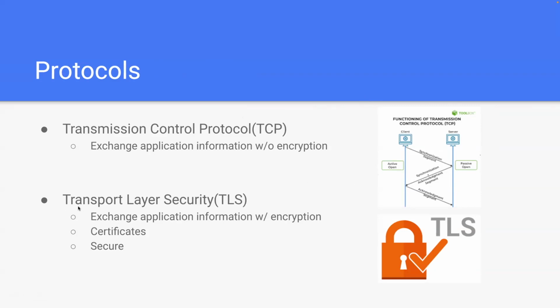And then with TLS, we exchange application information with encryption. And we use certificates to make sure that the parties on both ends are secure. And the benefit of using TLS is that our interactions between the client and the server are secure.